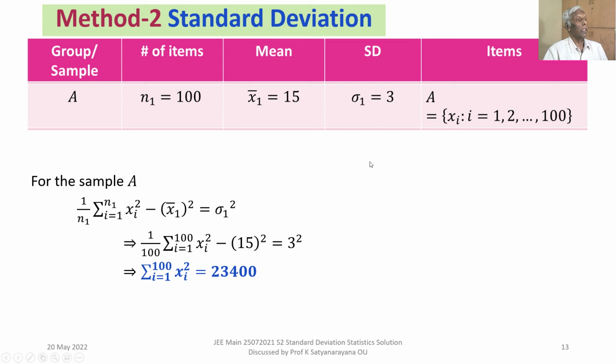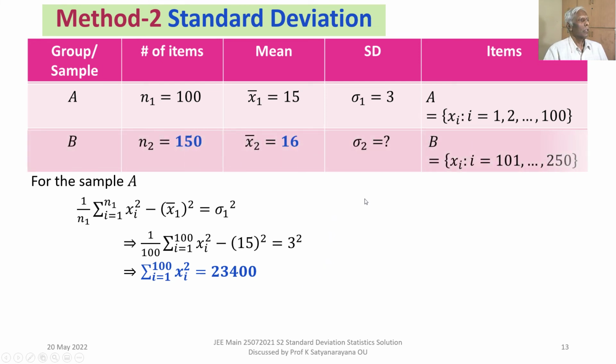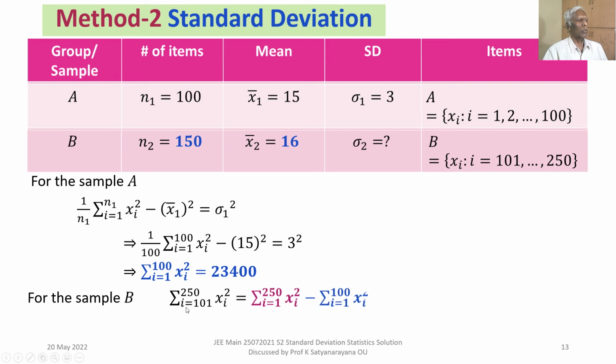Now for the sample B, we can also write sigma i equals 101 to 250 of xi square. We can now find out. For the sample B, sigma i equals 101 to 250 xi square is equal to sigma i equals 1 to 250 xi square, from that subtract sigma i equals 1 to 100 xi square.